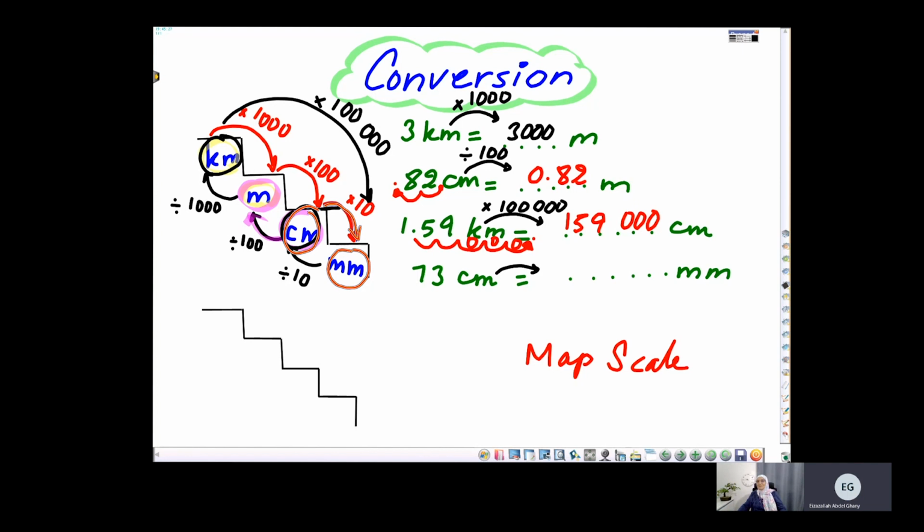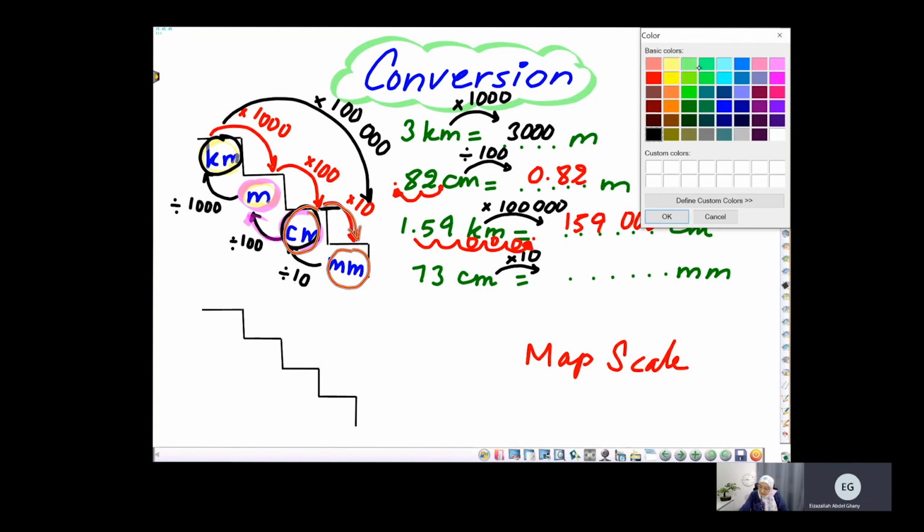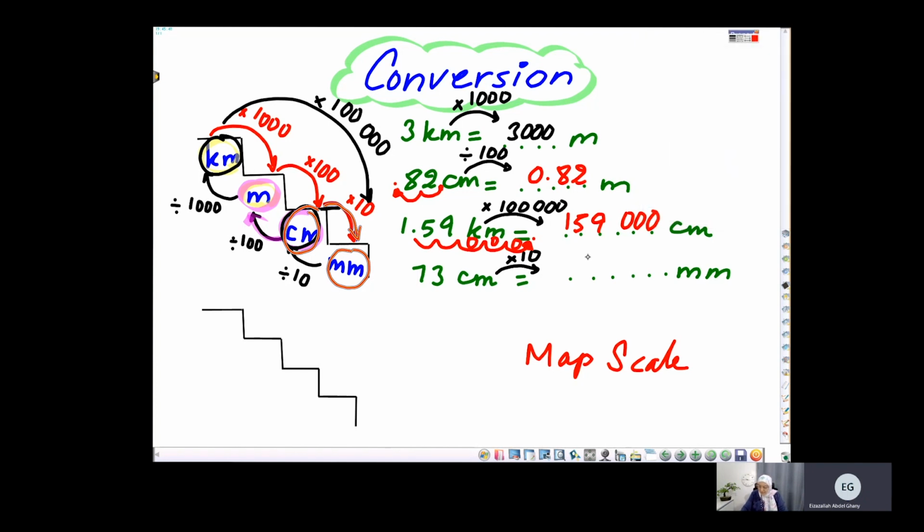Big to small, multiply. Small to big, divide. So from centimeter to millimeter, you are changing from a bigger unit, which is centimeter, to a tiny unit, which is millimeter. So you multiply by 10. So the answer will be 73, and you just stick a zero beside it, so 730 millimeters.